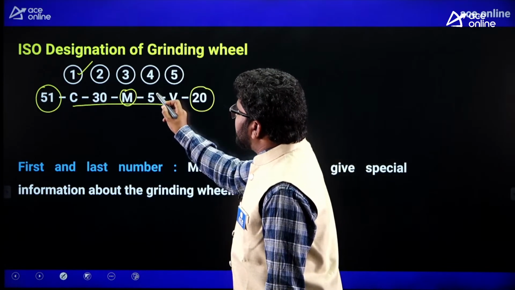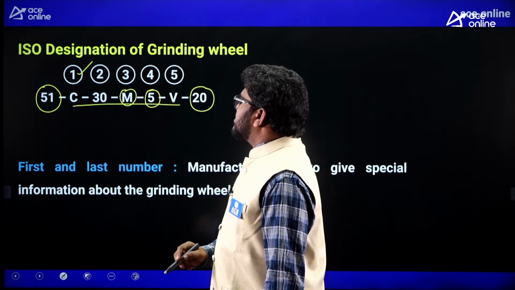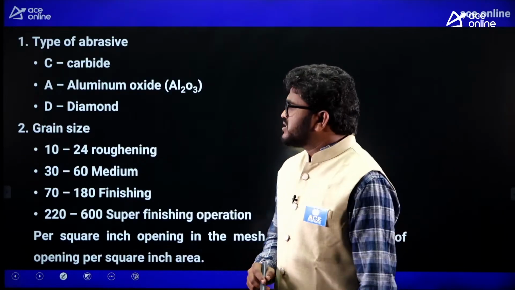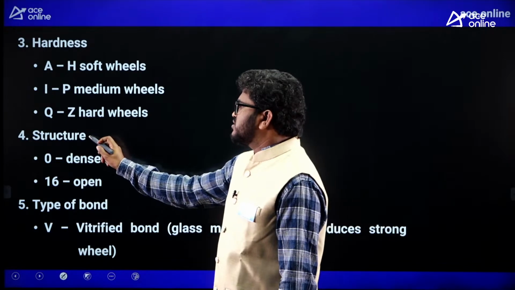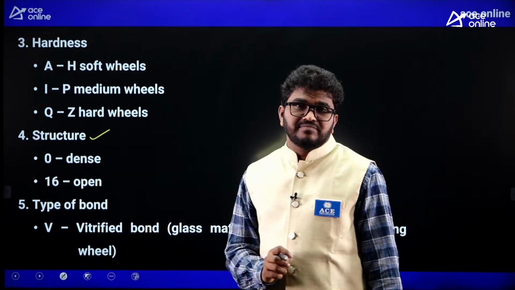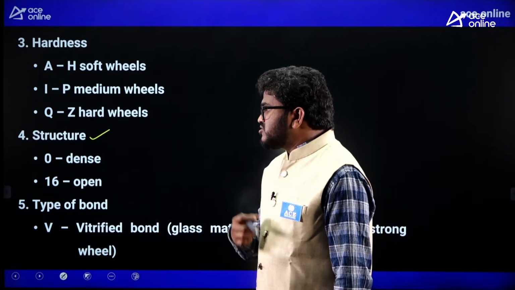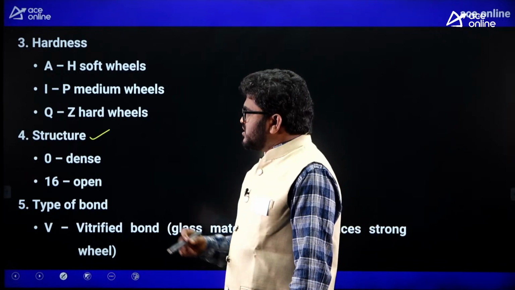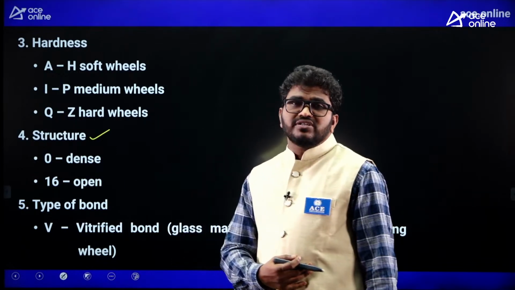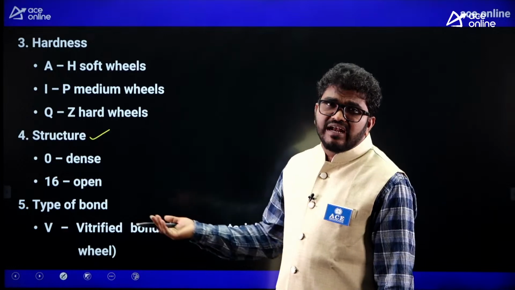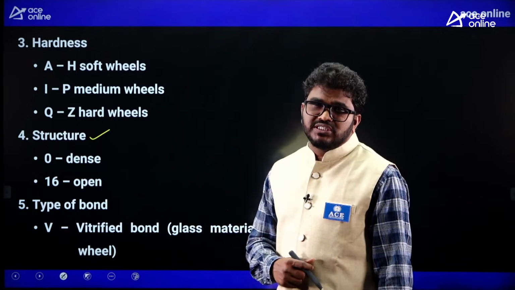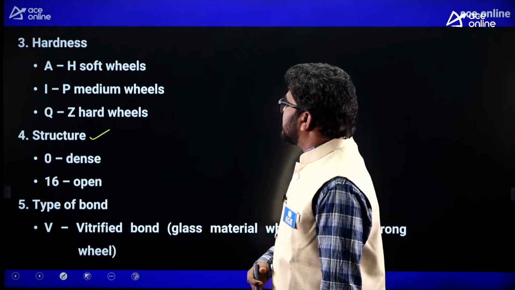Next, the fourth one, number 5, represents the structure. 0 is dense structure, 16 is open structure. So 8 is a medium dense or medium open structure like that.